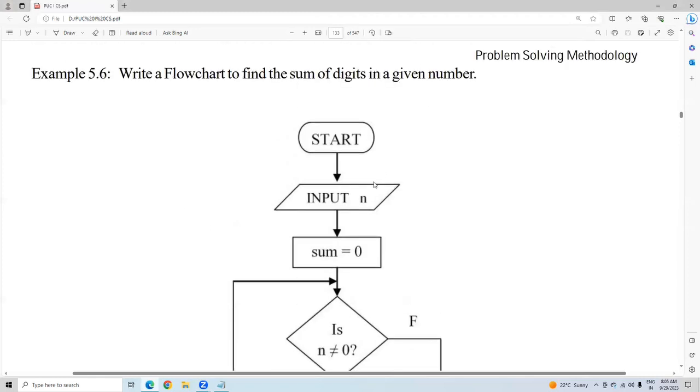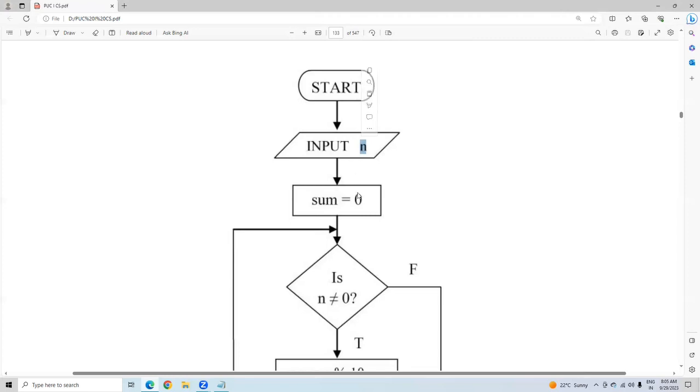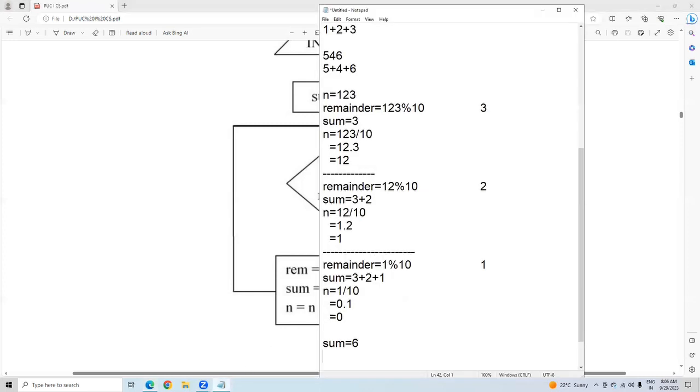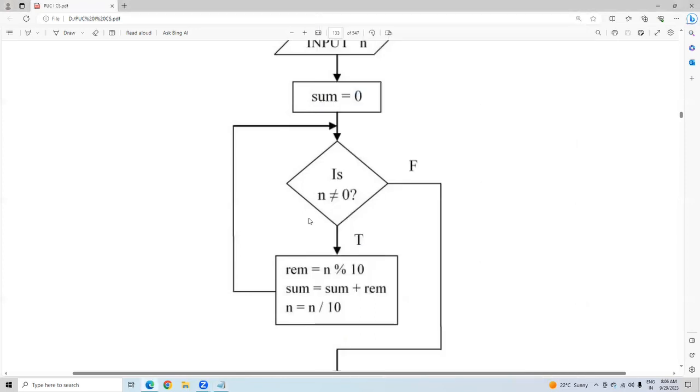So start. You need one number, n, and sum we need to have initially 0. Is n not equal to 0? Because the process has to be continued until n becomes 0. That's why we check whether n is not equal to 0.